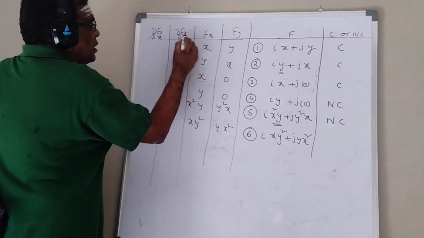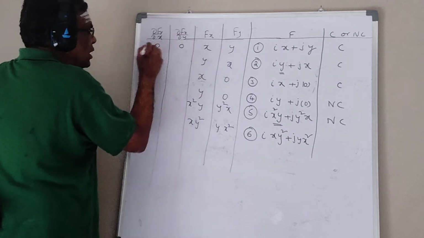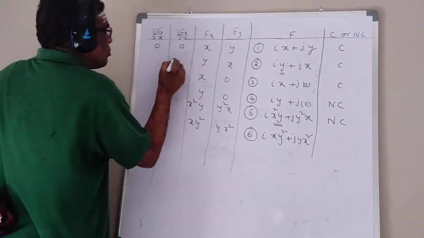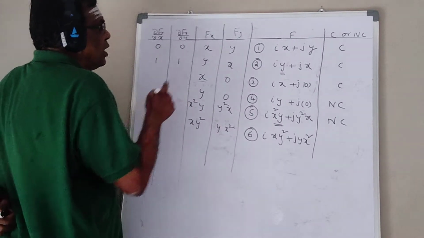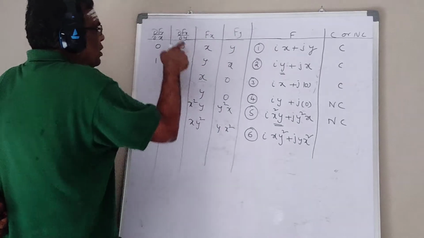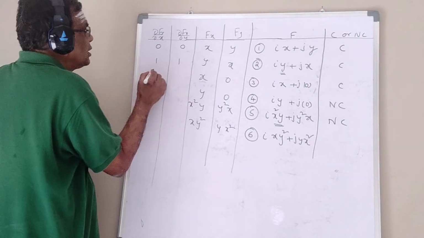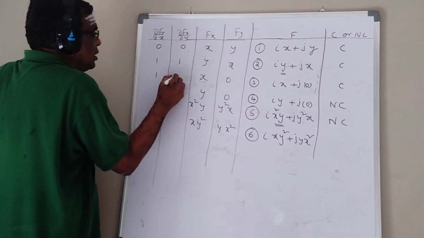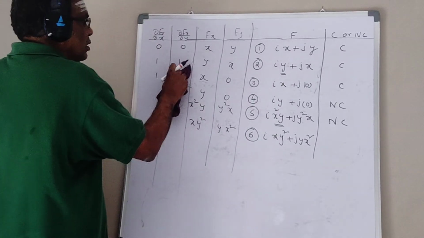So what is this with respect to y? 0. With respect to x, 0. Both are the same or not? So conservative. And with respect to y, this is 1. Isn't it? y with respect to y is 1, x with respect to x is 1. No, sorry.